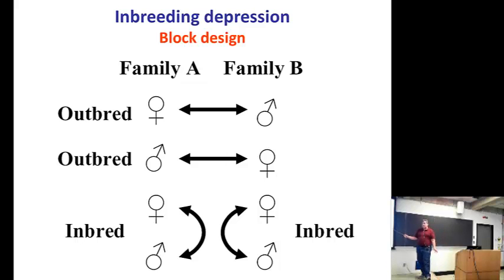This is not the sort of design that's typically used in the plant literature, the plant ecology literature. The typical design is to take a single family, say family A, self the individuals to create inbreds, and then mate to some unrelated male. The problem with that design is that the inbreds and outbreds don't just differ in heterozygosity, they also differ in the source of pollen.